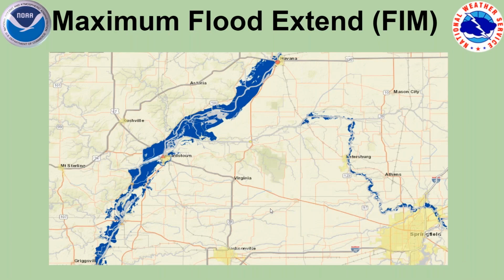And here's a sample of the flood inundation. I believe this is out way east in Virginia, just for this particular stretch, and you do have to zoom in quite a bit before you see it.